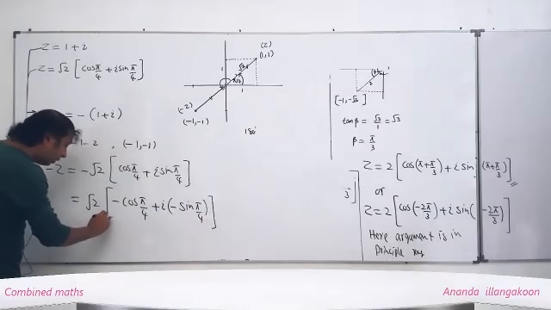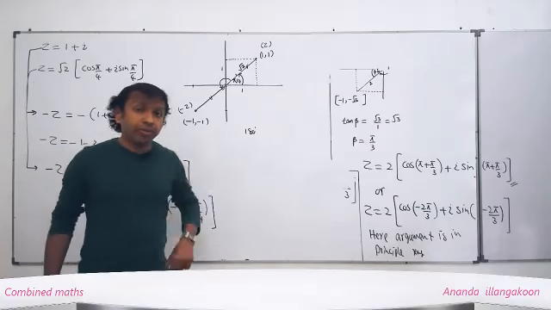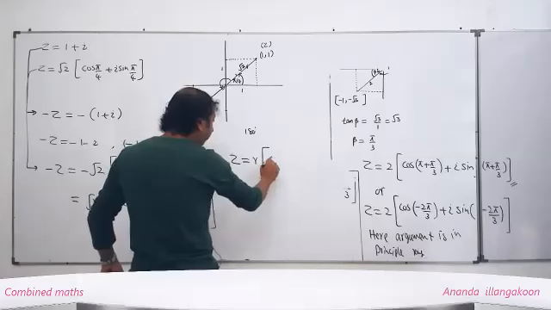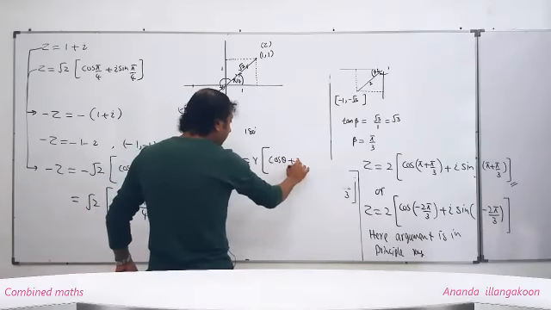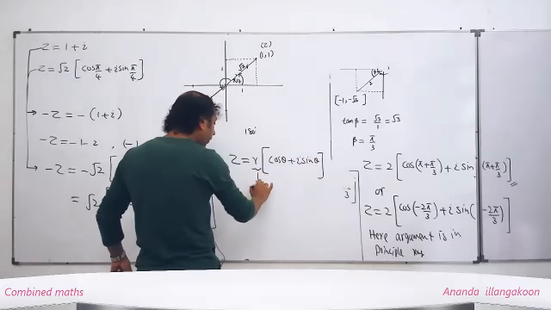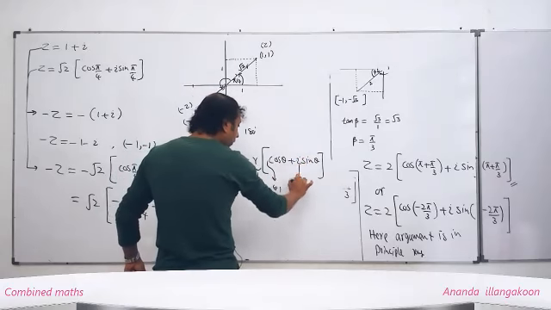People, another thing is this. In the polar form, the standard form is z equals r times cos theta plus i sin theta. Here r should be a positive quantity, the cos theta coefficient should be positive, and the sin theta coefficient should be positive.